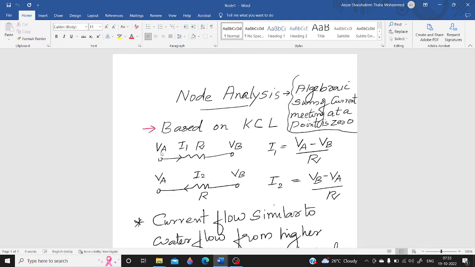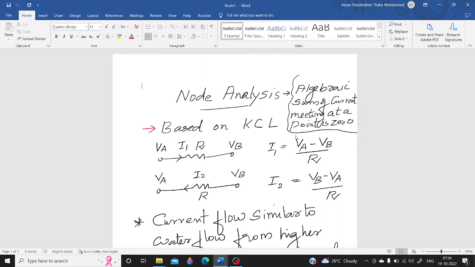Since the current is moving from A to B, we assume that VA is at a higher potential, because current always flows from a higher potential to a lower potential. If the direction of current is from A to B, then definitely VA will be higher than VB.